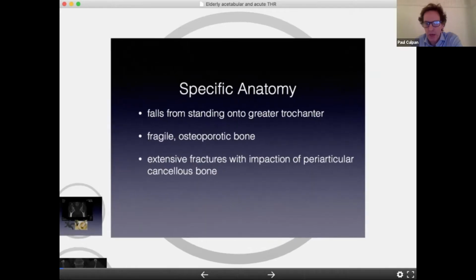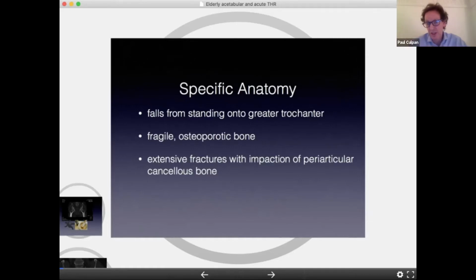So what we're talking about is fractures that are affecting the elderly population. Unlike the high energy injuries, we're talking about falls from a standing height, and the resulting injury patterns that follow.